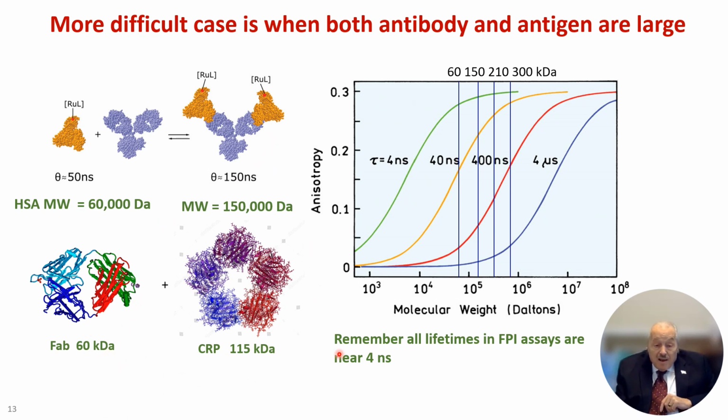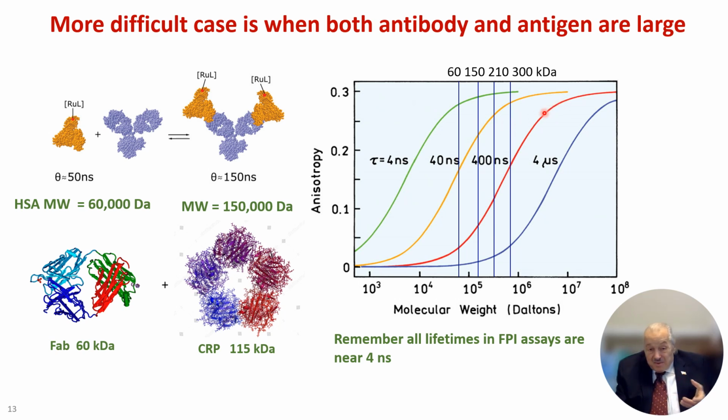Or if you have antibodies against the C-reactive protein, you don't expect a large anisotropy change, because remember, all the FAB assays use 4 nanosecond probes, and here we have a plot of the anisotropy expected from molecular weight. And if you have a 4 nanosecond probe and you're binding a 60 nanosecond rotational correlation time to a 150 nanosecond correlation time, there's just not much change in anisotropy to see.